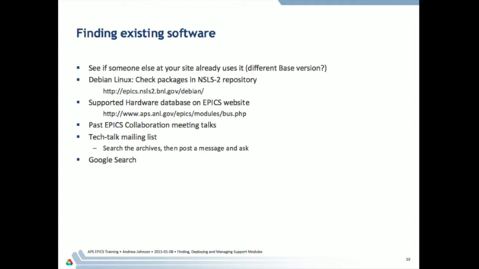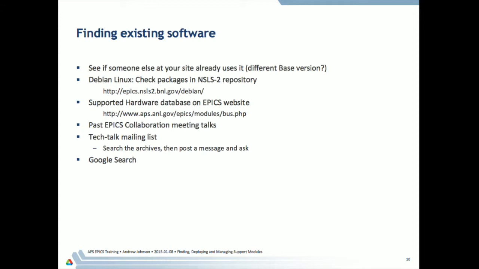You can also look at collaboration meeting talks from the EPICS collaboration minutes or from past meetings, to see if people have talked about devices there. And also check for postings on Tech Talk. If you can't find the device mentioned, then post a message to the mailing list and see if somebody else has done it.